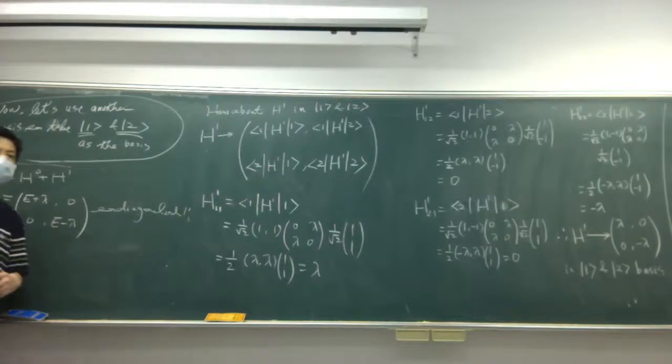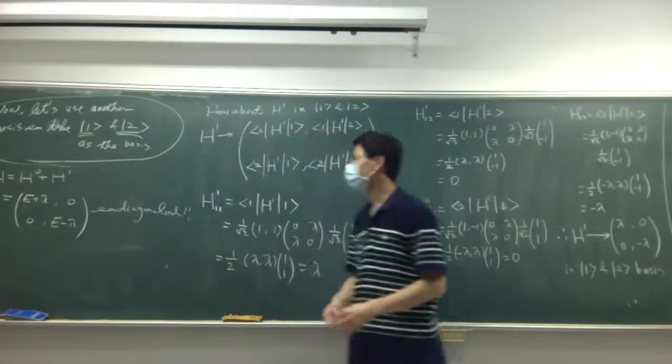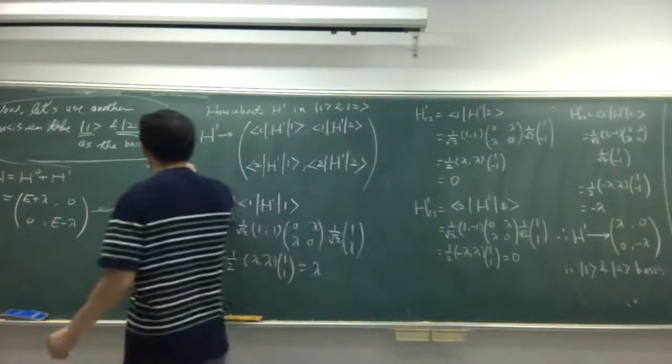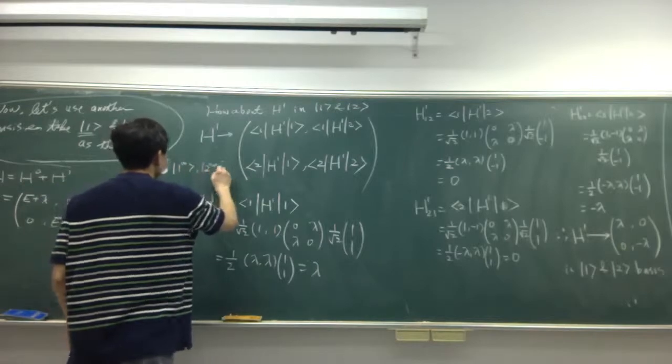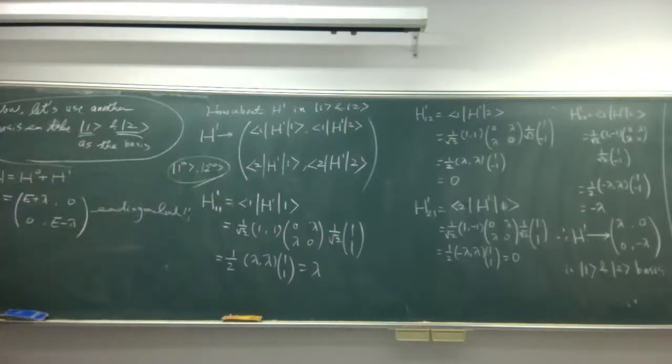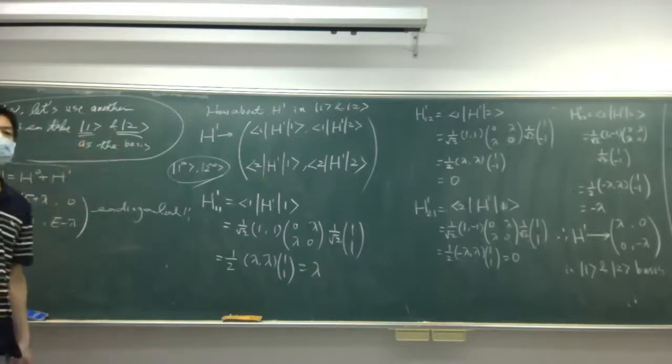So in the degenerate case, we go back a little bit. Initially, we have the usual |1,0> and |2,0>, these two states. Okay, but we change these two states to the new states |1> and |2>.